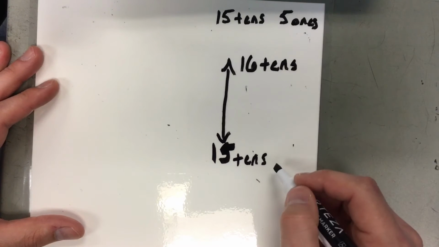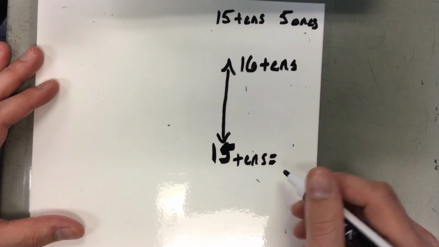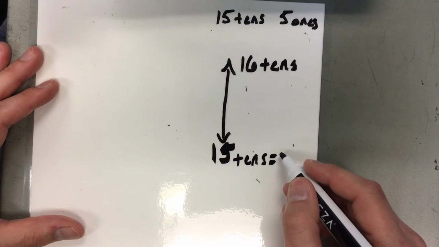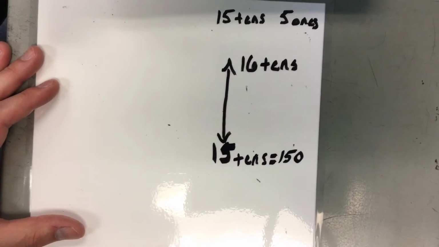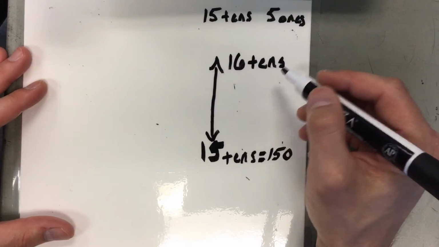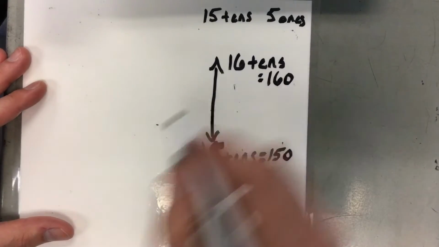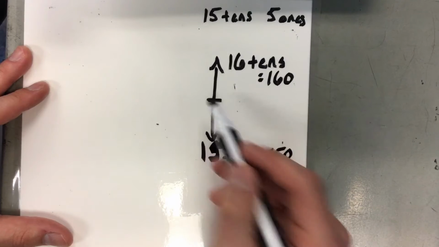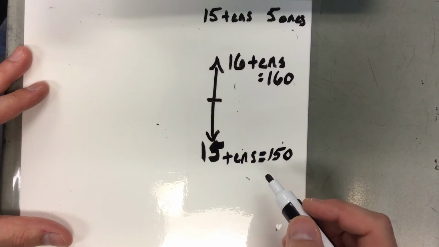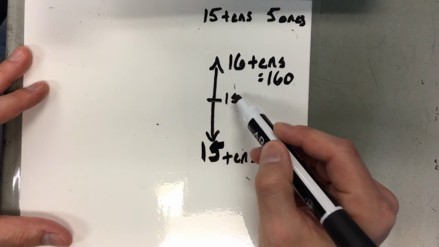Now to figure that out, let's think about 15 tens. 15 tens would be equivalent to what number? That's 150. 16 tens would be equivalent to 160. So what number is the midpoint between 150 and 160? That would be 155.